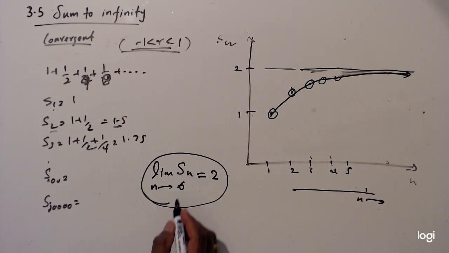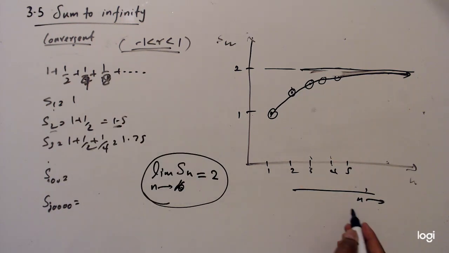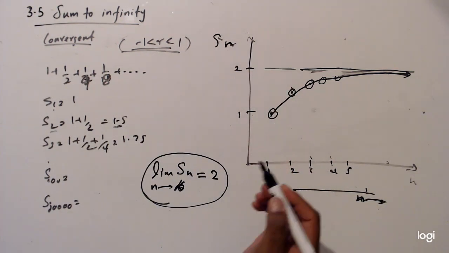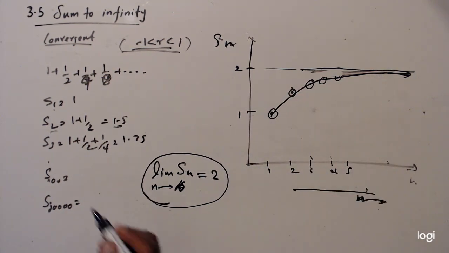How do we find this? So what does convergent mean? When n goes to infinity, if the Sn has a limiting value like 2, then the series is convergent.